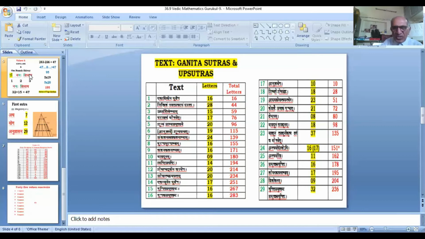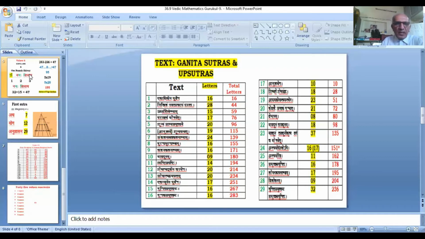These 29 reservoirs, each formulation, each sutra, upsutra is a big reservoir of values. With respect to this, the stress being given today is in respect of the letters of these texts.